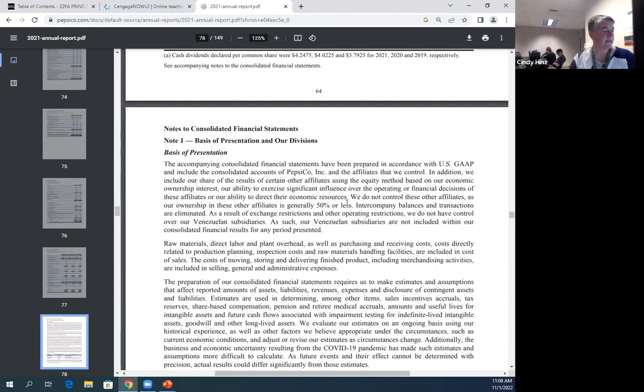So as I've explained in class, as I've said to many of you in my feedback on your annual report project, you need to find the financial statements like I just found in Pepsi. And immediately following those is their notes to the financial statements, which is what's showing on the screen right now.